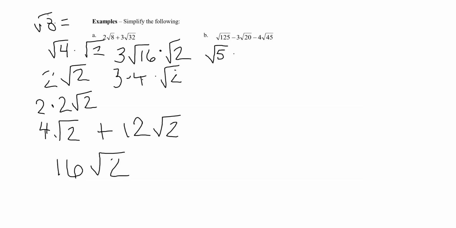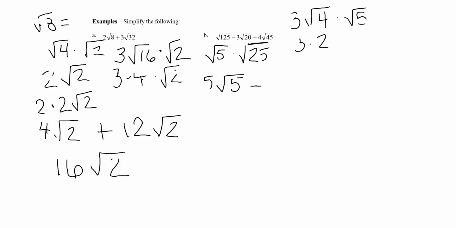So we have the square root of 5 and the square root of 25, which becomes 5 square root 5, minus square root of 20. If you recall, we have our 3 here. We can do the square root of 4 times the square root of 5. Square root of 4 is 2. So we're going to end up with 6 square root 5.